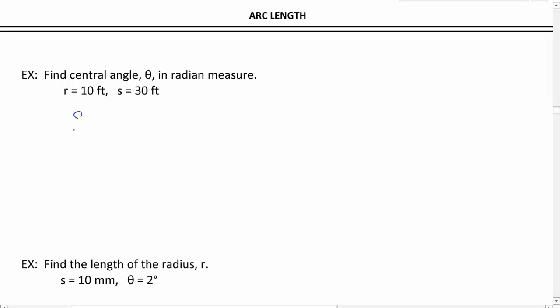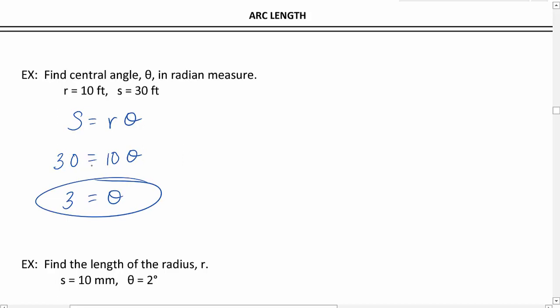Well, we're using our arc length formula, s equals r theta, so we just plug in 30 equals 10 times theta. Dividing both sides by 10, we get theta to be 3. And this is in radians. Since you have to convert to radians to plug into our arc length formula, anytime it spits out an angle, it's spitting out a radian measure.